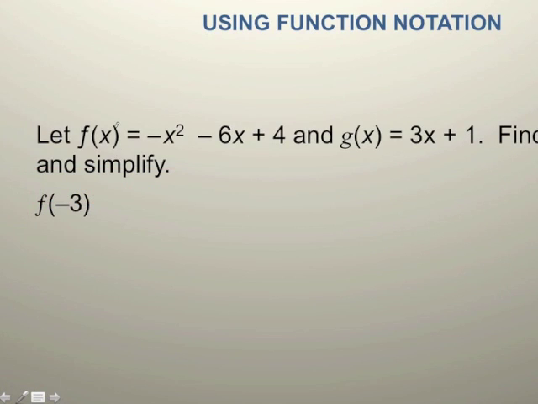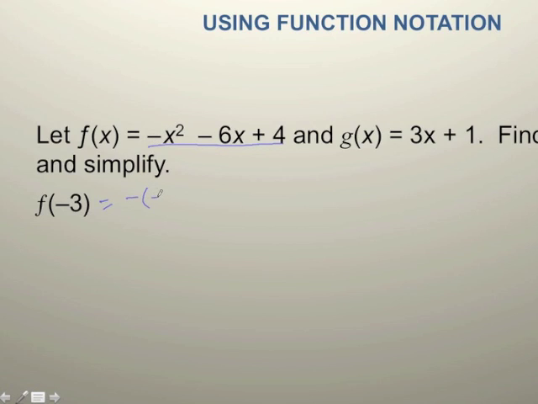Now we want to evaluate this. We've got f of x equals -x squared minus 6x plus 4, and g of x is 3x plus 1. We're going to find and simplify. Well, f of -3. To find that, we use the function as defined and substitute -3 in place of the x. Now notice this first negative up here is negative, and then it's x squared.